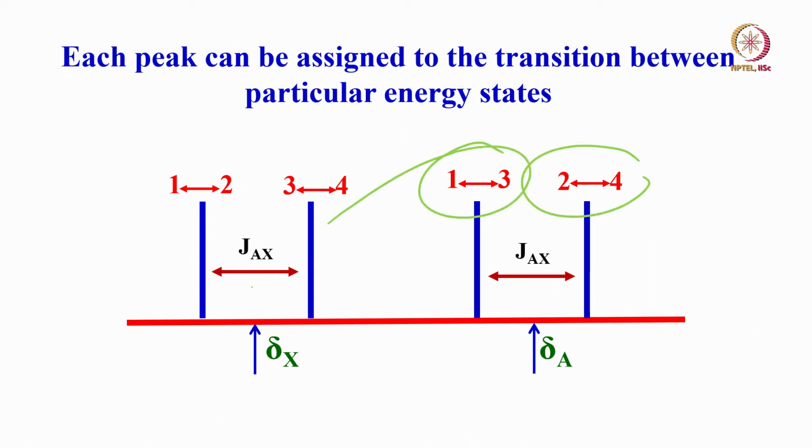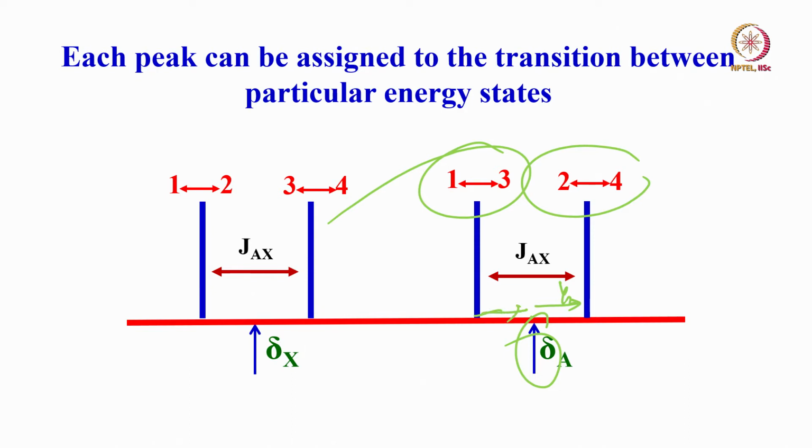So now if you go to the chemical shift of A, at the site of A, you have one peak shifted to the right by a certain frequency, one peak shifted to the left by the same frequency, the same amount. So now if this is delta A, this is increased by half of Jx, this is decreased by half of Jx. You understand?